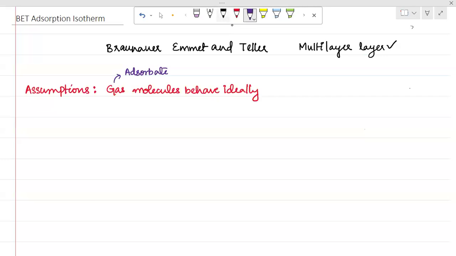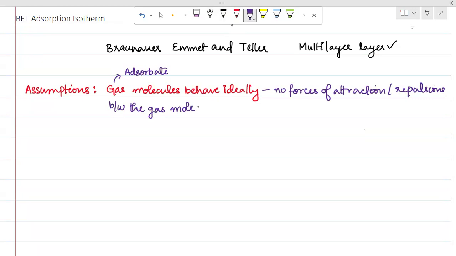They behave ideally, meaning no forces of attraction or repulsion between the gas molecules. So they do not interact with each other even before the adsorption. That is one postulate.